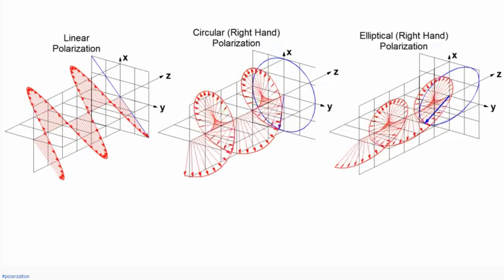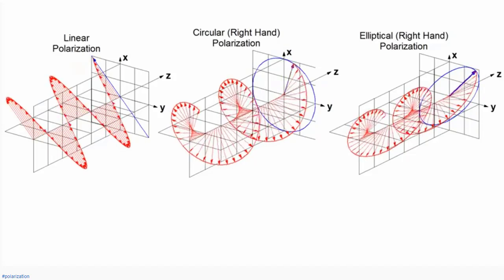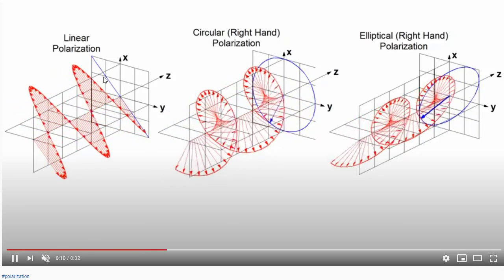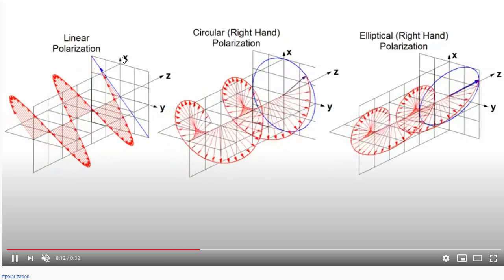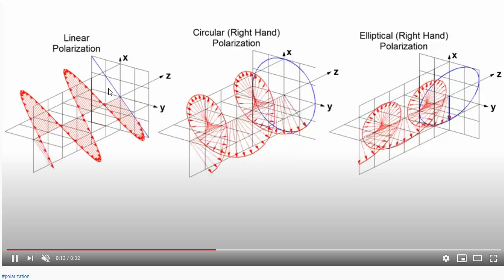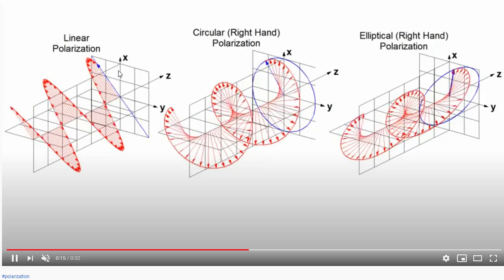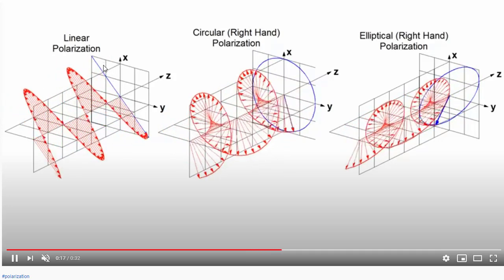So let's just take a quick visualization of the different polarizations as another quick way to get familiar. As you can see, for linear polarization, if you have the two components in sync and you decompose it into x and y components, it's still linearly polarized, but it's now off axis in terms of the xy plane.